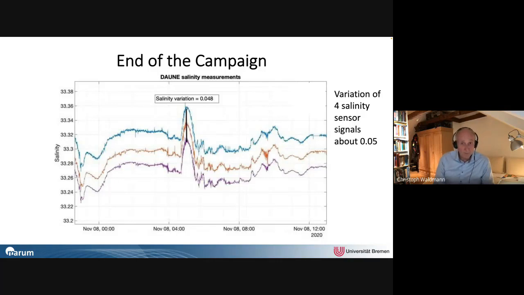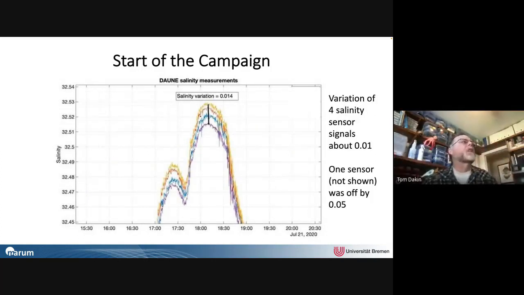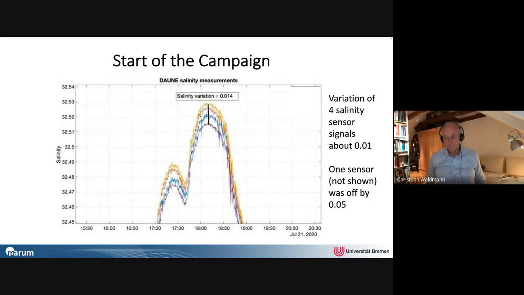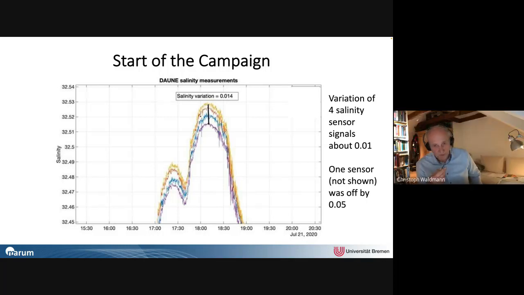Okay, at the end of the campaign. Christoph, can I ask a question about that last one? Sure. I've got lots of questions going back before, but I'll save them to the end. On that last slide, how long were these instruments in the water before you took this particular measurement? About 10 hours.